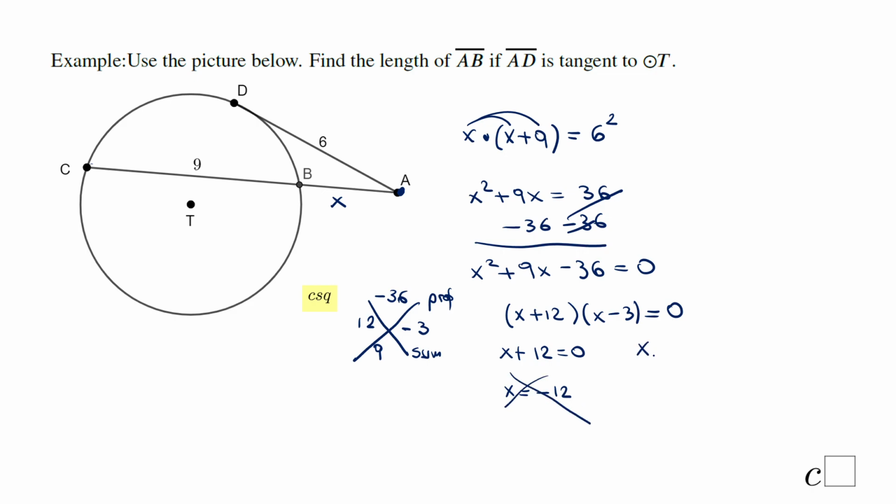But the second one, x minus 3 equals 0, we get x equals 3, which is a good solution, and that x is AB.